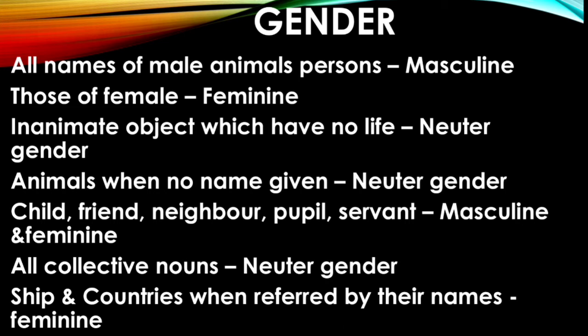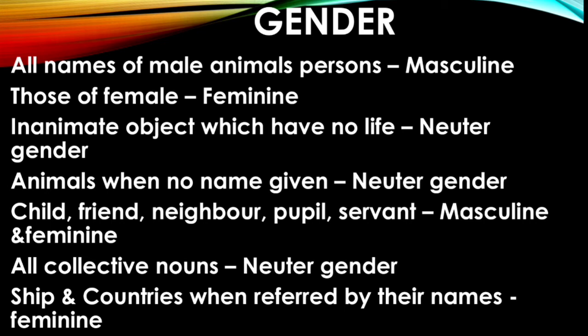You know pronoun and adjective, but leave that apart. We are just looking at the words. All names of male animals or persons are masculine, right? Those of female are feminine, that we know.